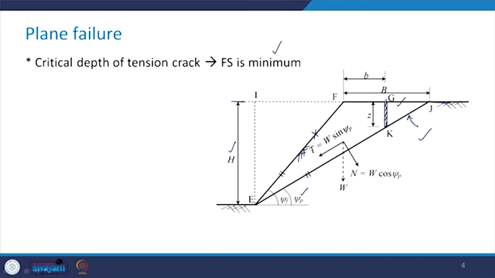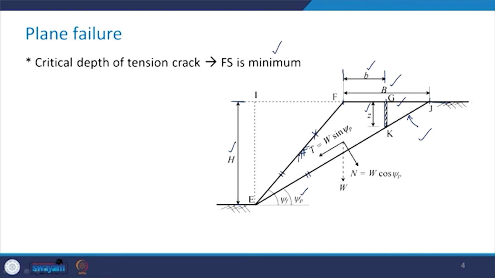So, this is the tension crack, and say the depth of the tension crack is Z. The width of this zone, that is FJ, is given by the dimension b. However, the distance of the tension crack from the crest of the slope is given by small letter b.